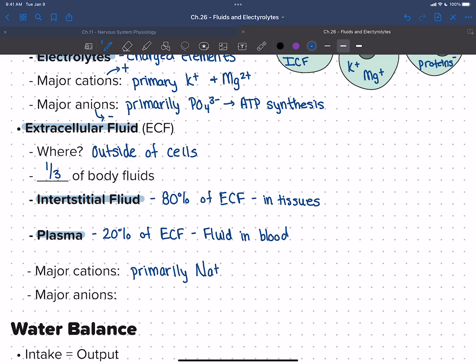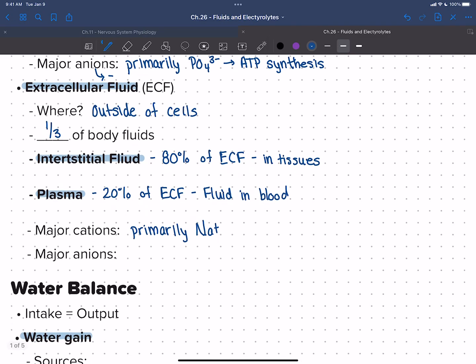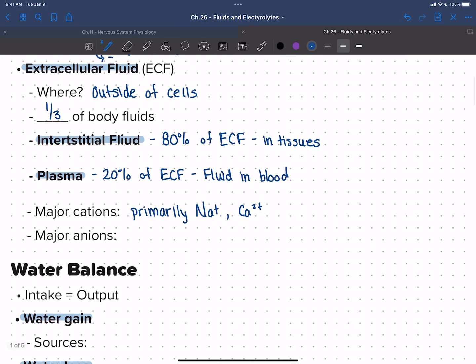There's also going to be a higher concentration of calcium in that extracellular fluid than we would see in intracellular fluid. Right, so there's going to be some calcium as well. And then for anions, we're going to have a high concentration of chlorine, right, or chloride ions.